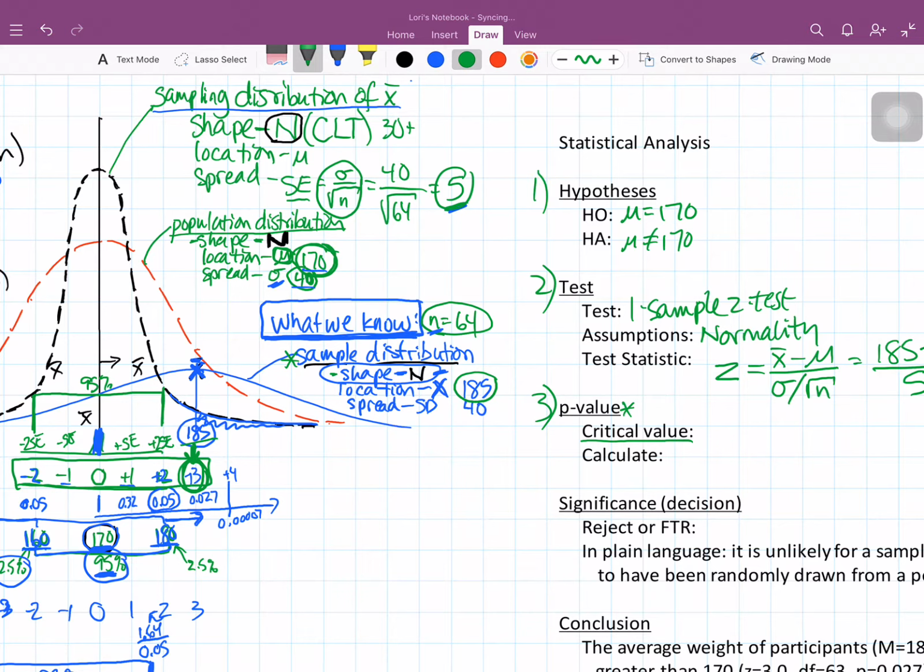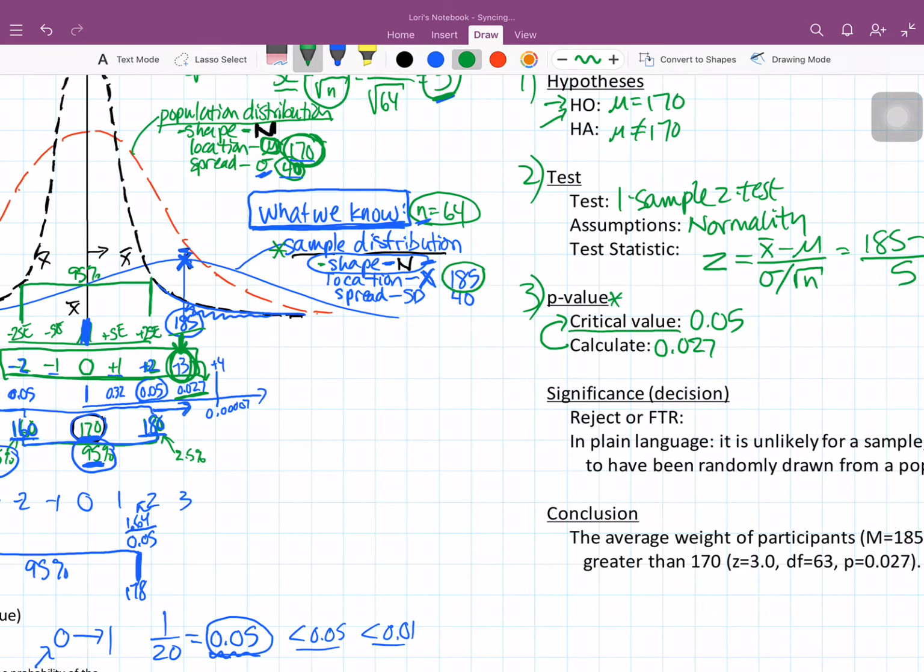And we already learned just from the graph that the p-value that goes along with this z value of 3 is 0.027. Now, the computer will always calculate that p-value for you, but what you need to remember is the smaller that p-value gets, the less likely this null hypothesis is to be true.